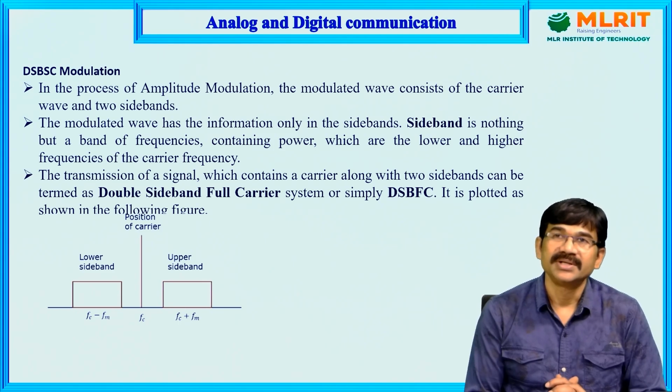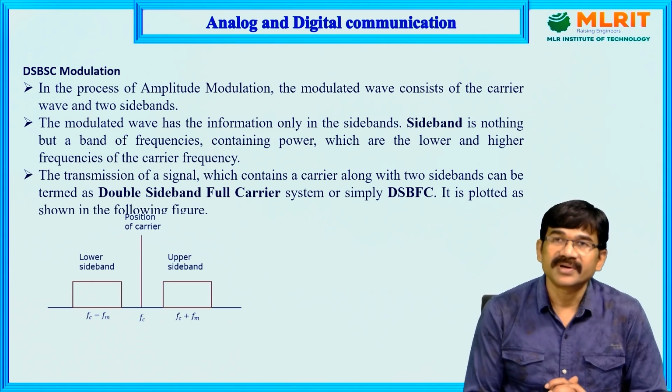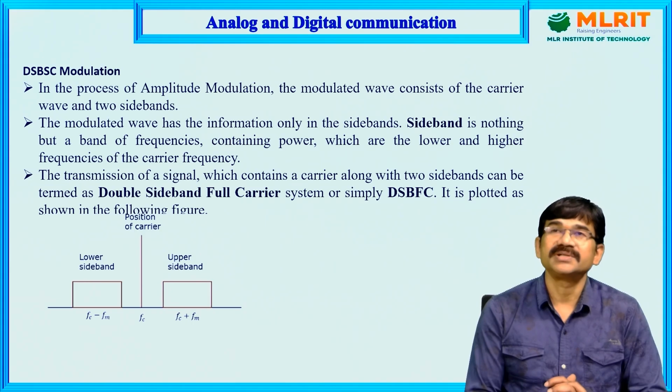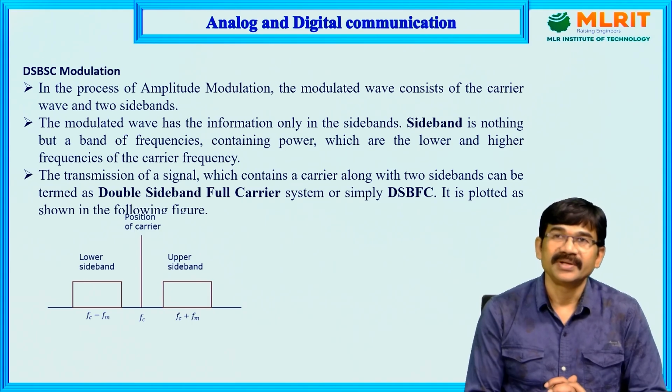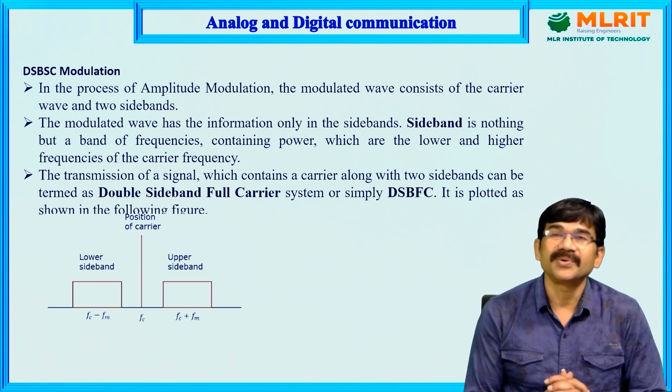So, here the problem is: if you are transmitting the carrier along with the sidebands, how much power is required, and if we suppress the carrier and then transmit, how much efficiency are we going to improve?